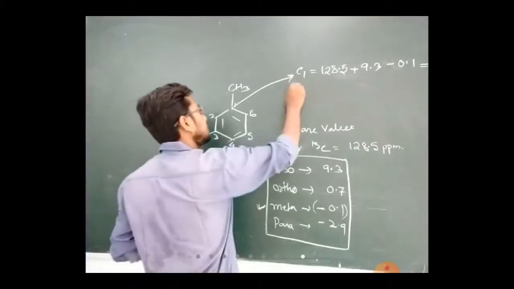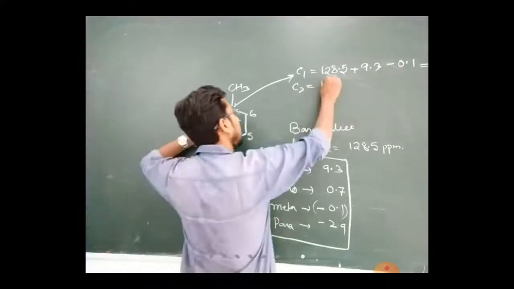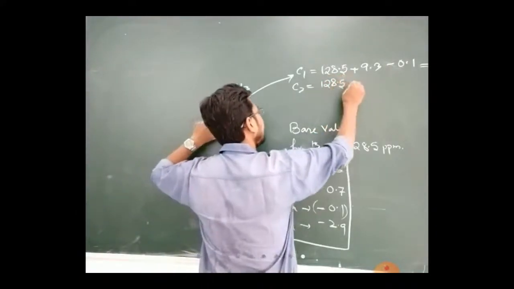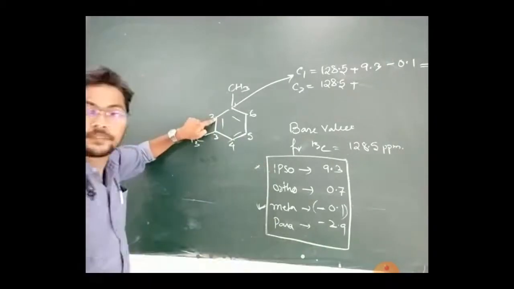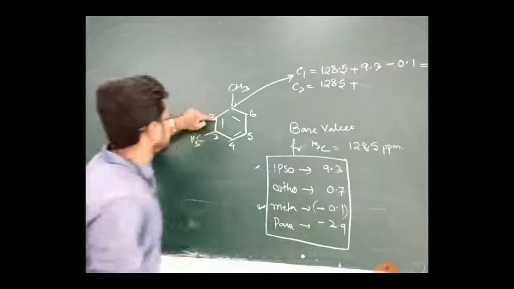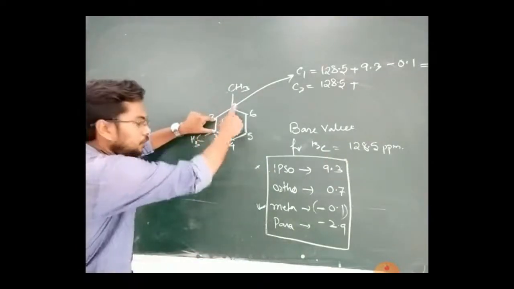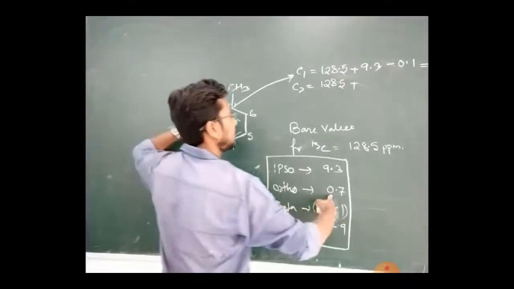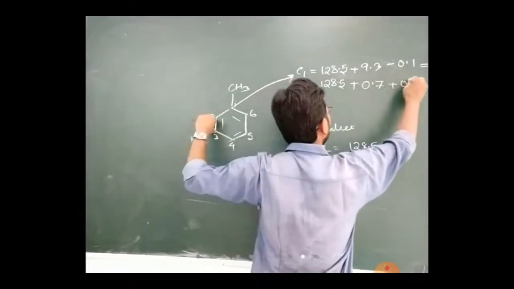And then suppose you have C2. For C2, what is the base value? 128.5 plus. Does it have an ipso substitution? No, it does not have an ipso substitution. So I will put 9.3 here. This position is ortho, and this is also ortho. For the ortho position it is 0.7, and since there are two ortho, 0.7 plus 0.7.